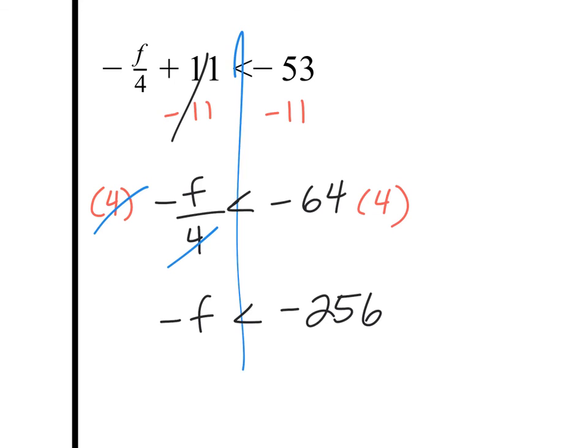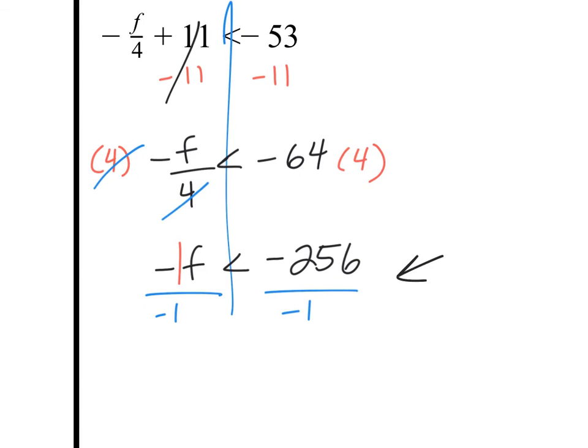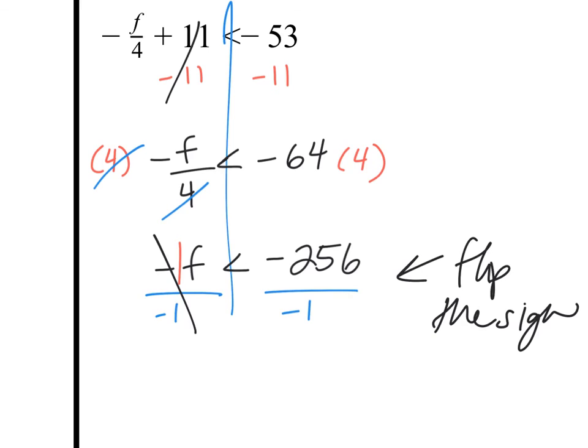But I'm about to because there's a negative 1 here. So when I divide by negative 1 to both sides, now I'm dividing by a negative and I need to flip the sign. So f is greater than positive 256. That's my answer.